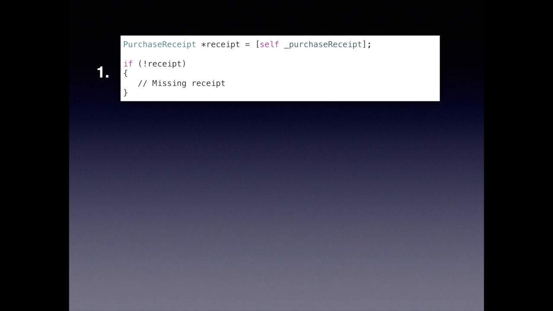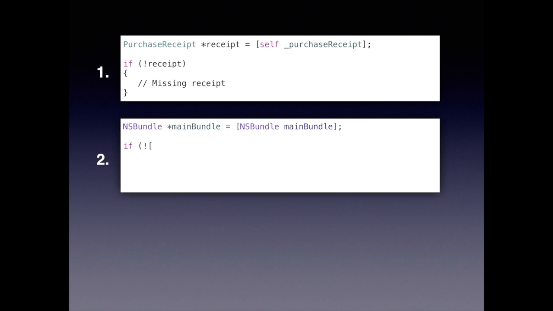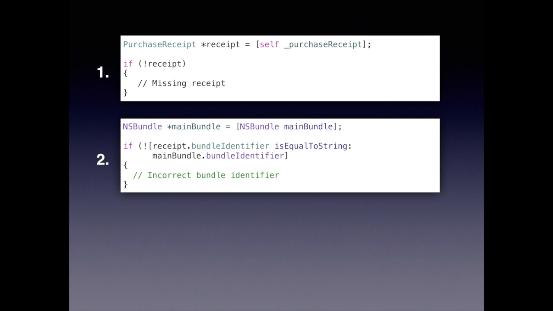Next step is to see if the bundle identifier of the receipt actually matches my own app's bundle identifier, because the receipt could be from a different app. There was a way initially for people, on jailbroken devices, to copy a receipt over from another app and thus make you believe you've got a receipt, it's a valid app.